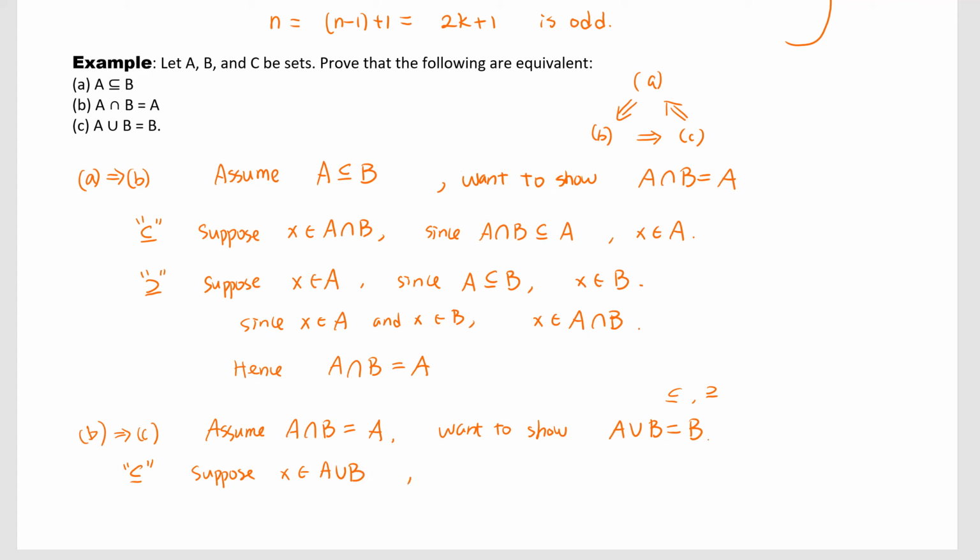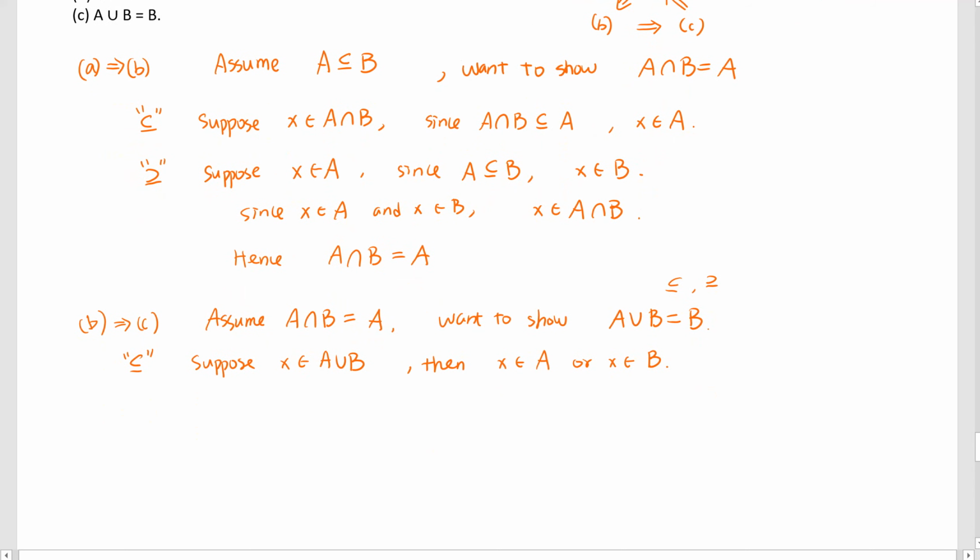Then we have X is either in A or in B, or both. Actually, this "or" already considers the case of both of them, so that's why we have two cases. It's either in A or in B. Case 1, if X is in A, what happened?